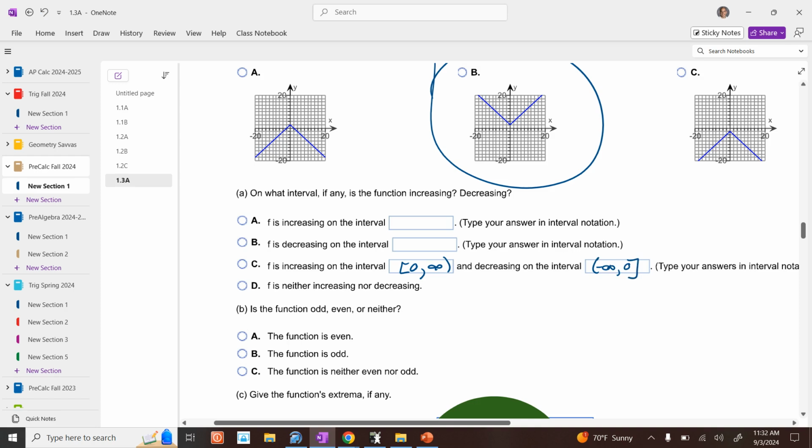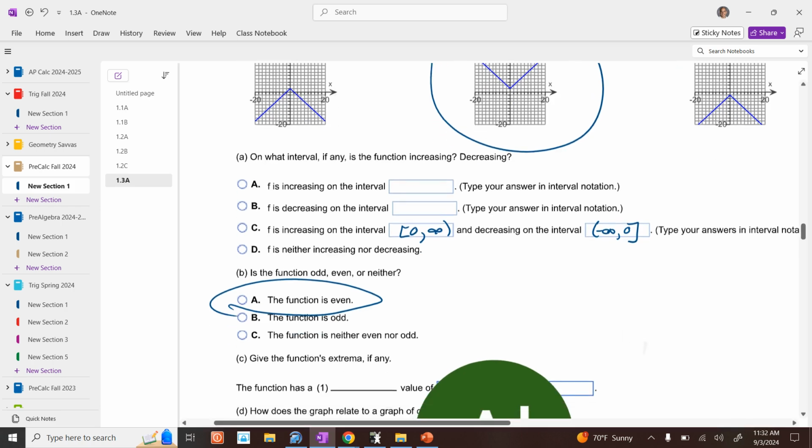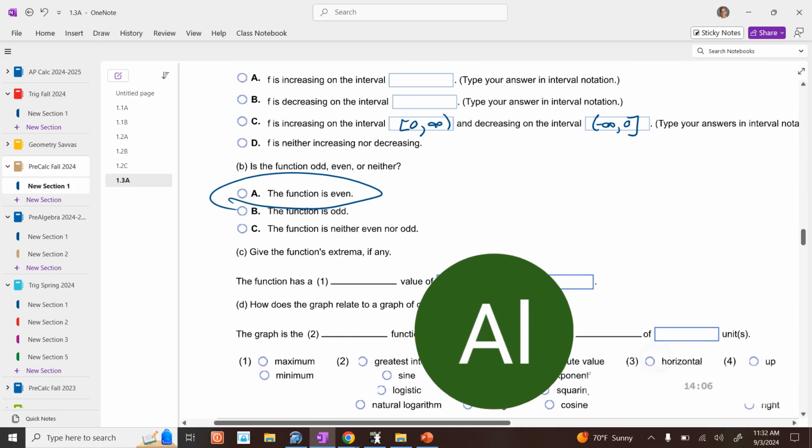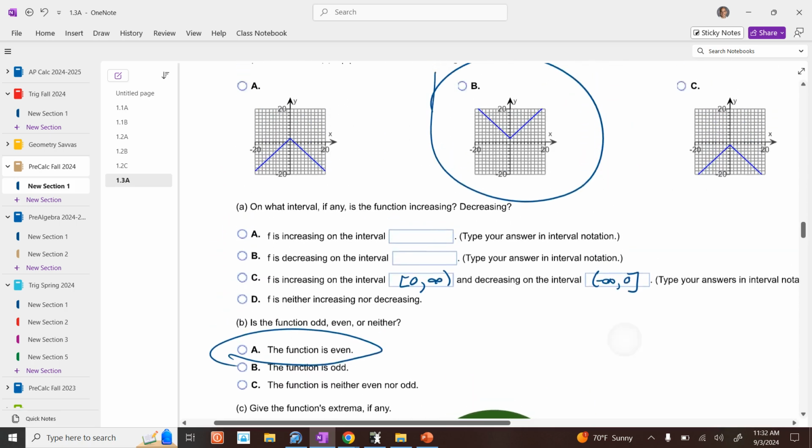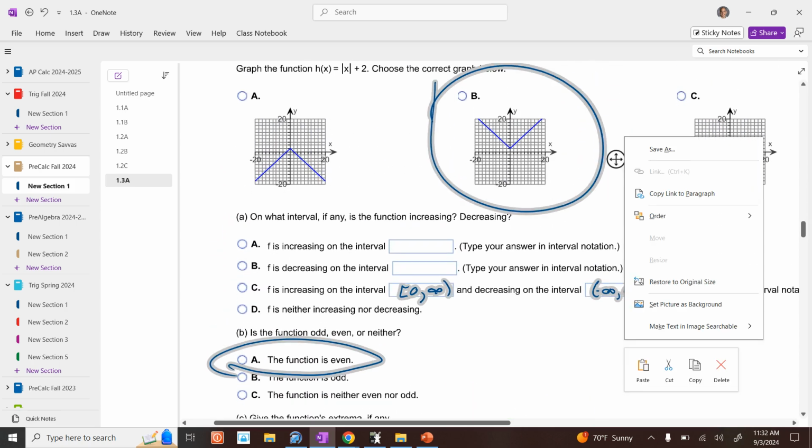Okay. Is it odd, even, or neither? Is it a mirror image across the y-axis? Yes. So it would be an even function. Okay. If you flip over the y and the x, it would be an odd function. If it doesn't do either, then it's neither. The extrema, does it have a minimum or a maximum?